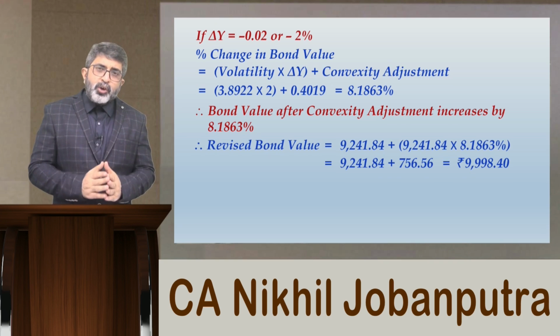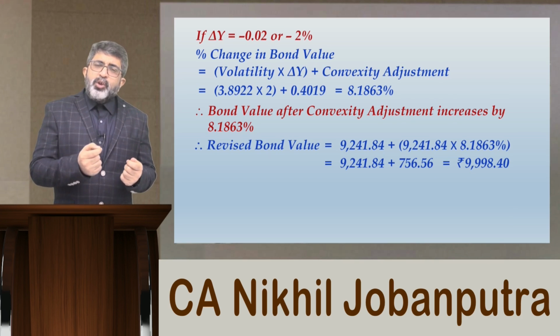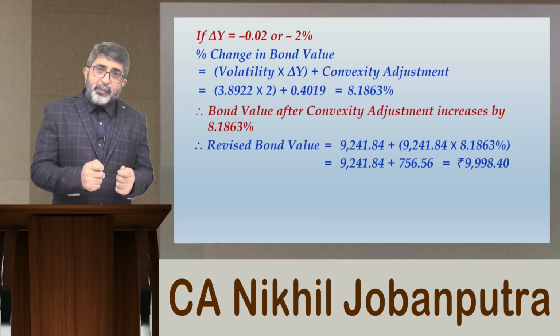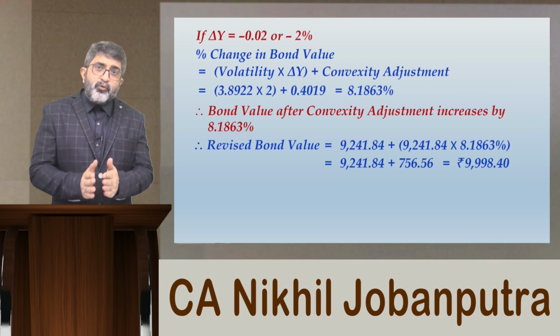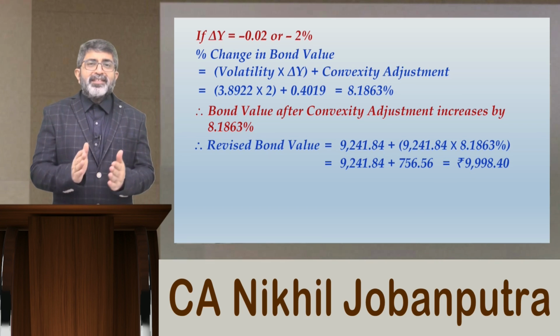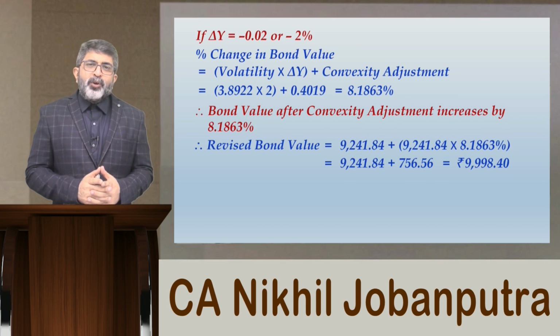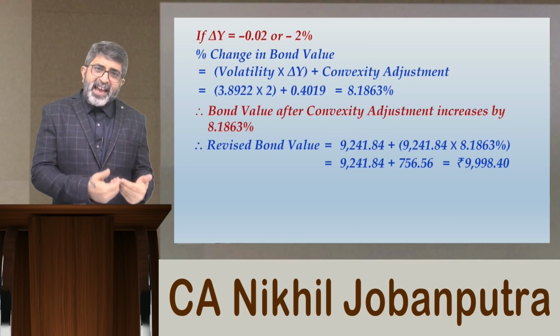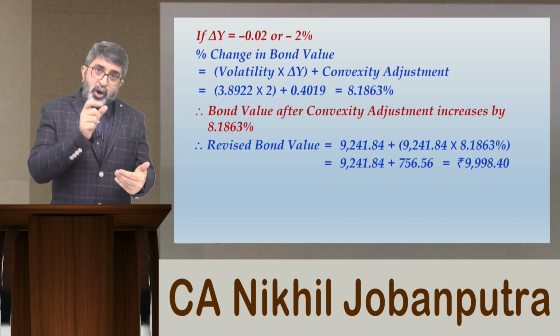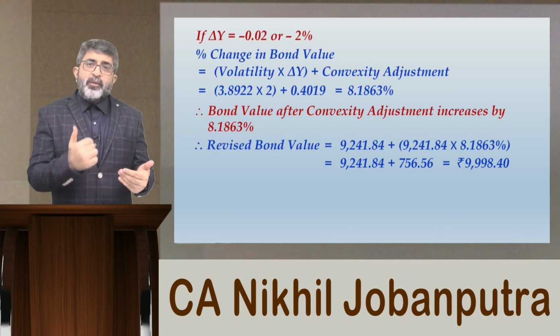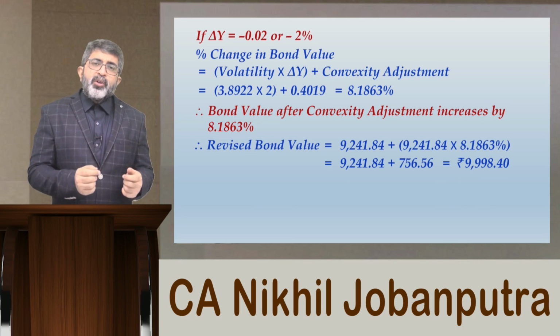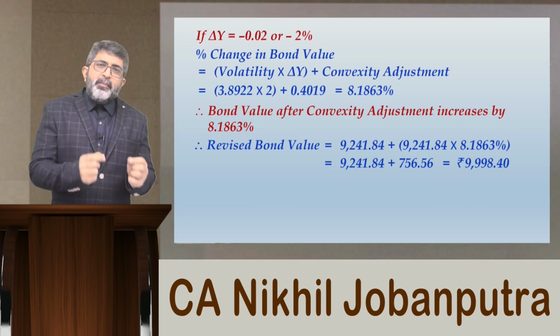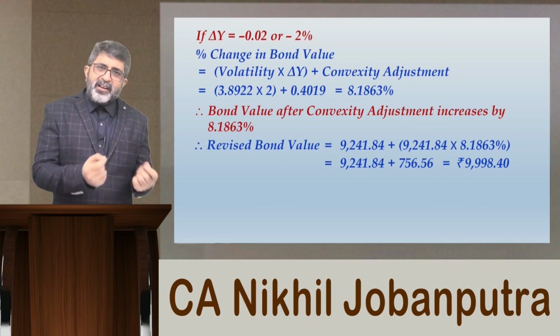So I would want you people to understand one thing, that you can use any approach in examination, but you should be knowing what is the actual and what is the approximation. So how ICAI has approached the convexity calculation and the convexity adjustment accordingly will be carried out, but you will still get the similar outcome.